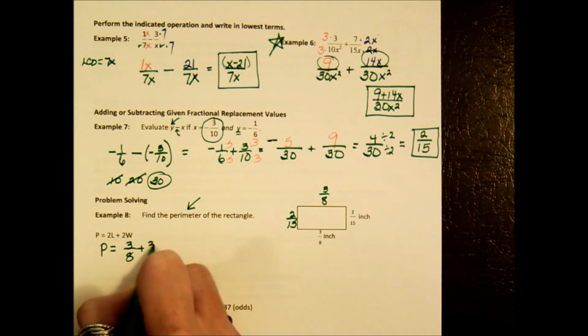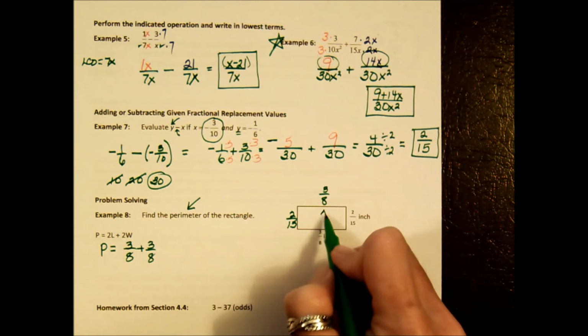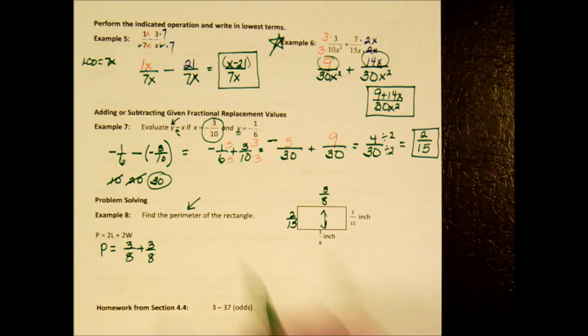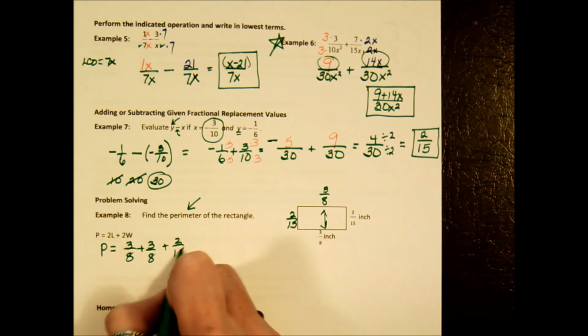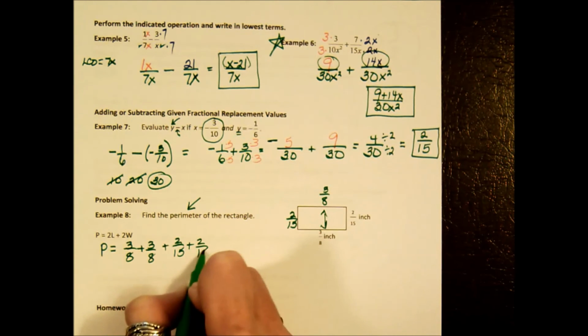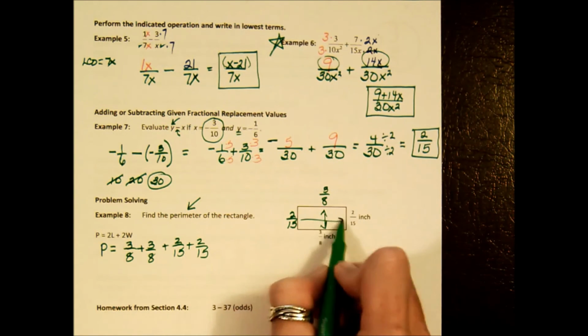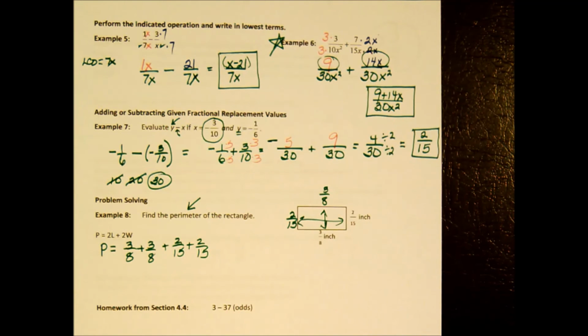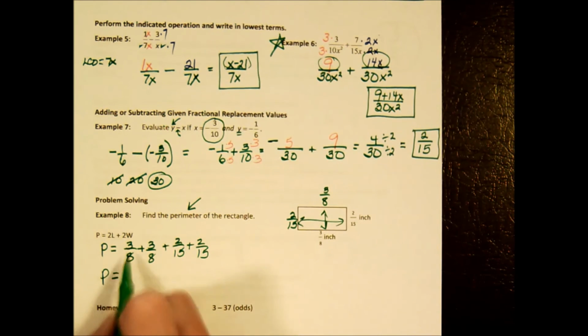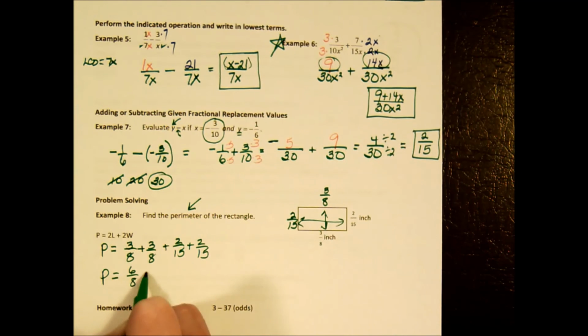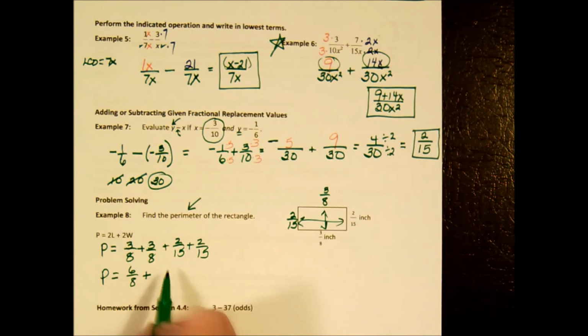I'm going to do these two first, and then plus 2/15 plus 2/15. Then I did my 2 widths. So that's going to give me 6/8 plus 2/15, and 2/15 is 4/15.